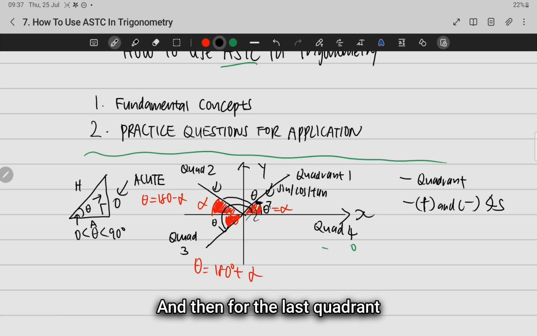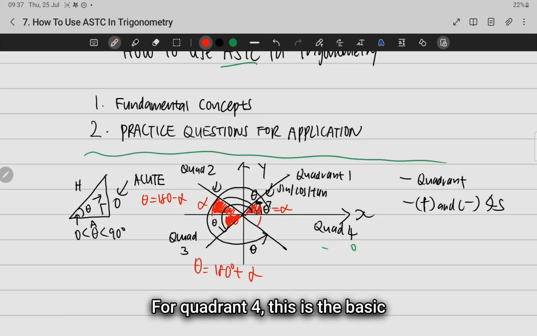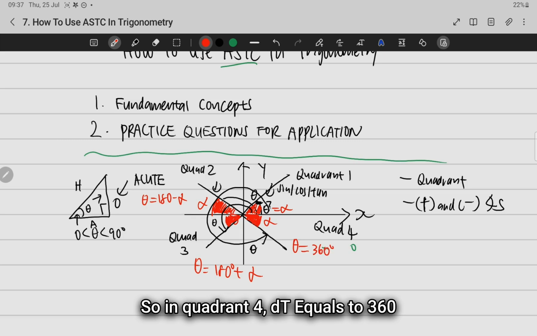And then for the last quadrant over here, assuming this angle comes all the way until here, for quadrant 4, this is the basic angle because it's the angle between the hypotenuse and the axis. So in quadrant 4, theta will equal 360 degrees minus the basic angle.